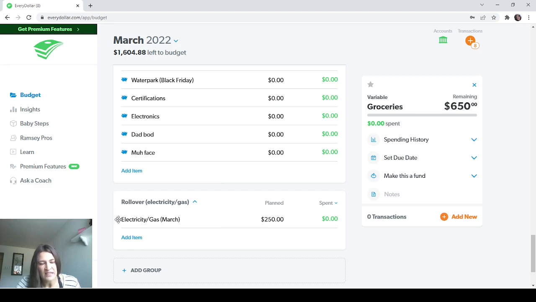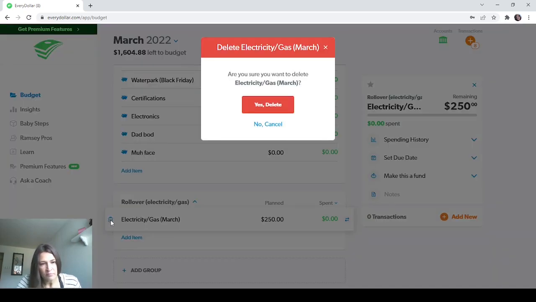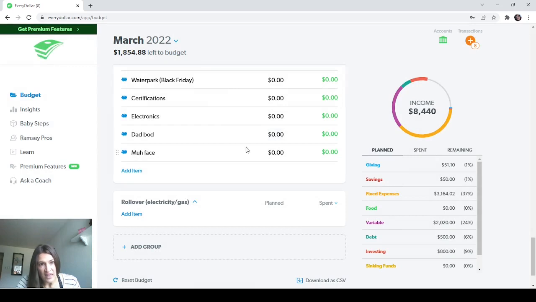So I'm going to delete this because I'm not rolling over money from March to April. Okay. So if I designate $1,600 to distribute through my sinking funds, that'll still leave us with $254.88 as cash flow.